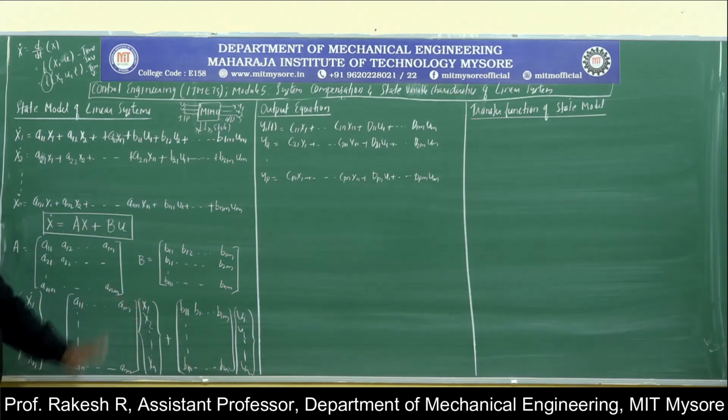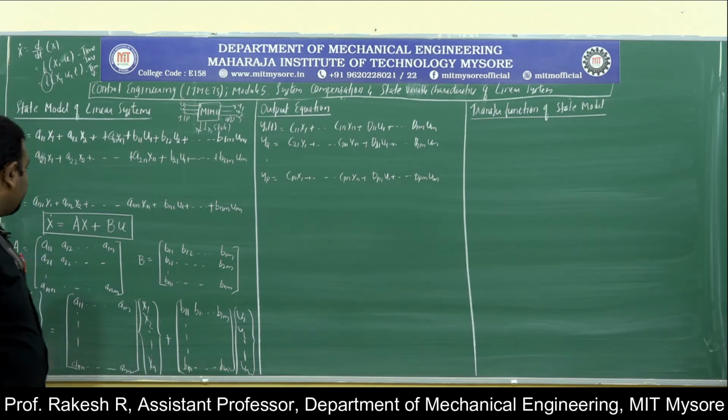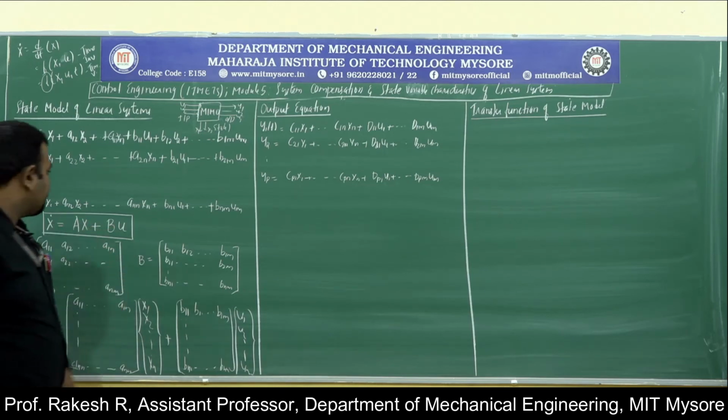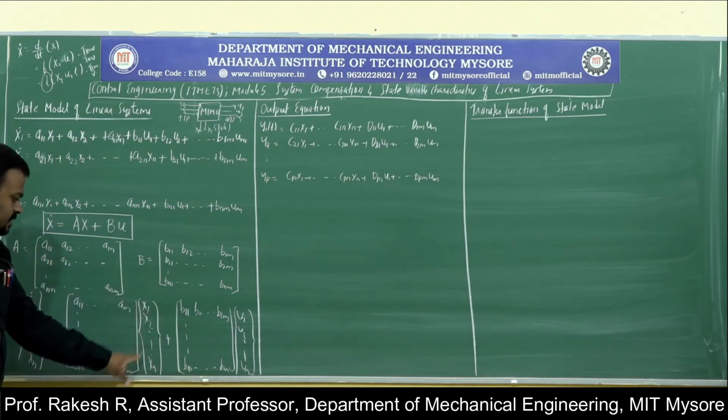So this is how we write a state model for the linear system. X dot is equal to Ax plus Bu is the state model, where A and B are matrices, and x and u are the vectors.